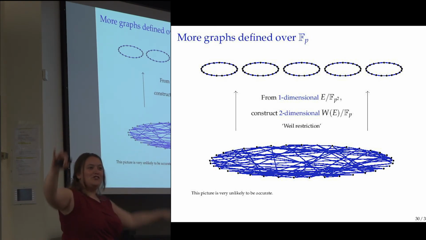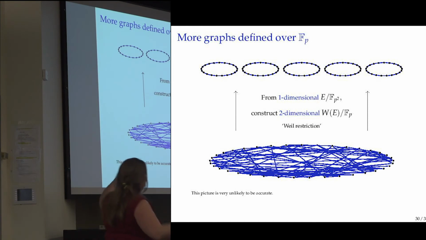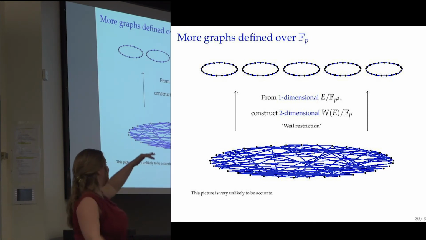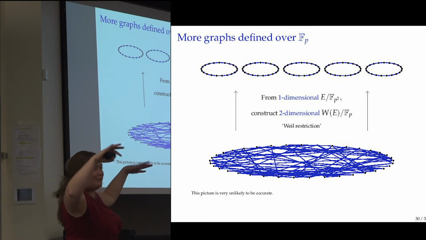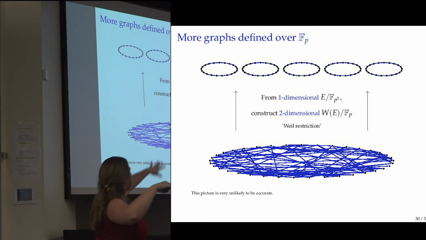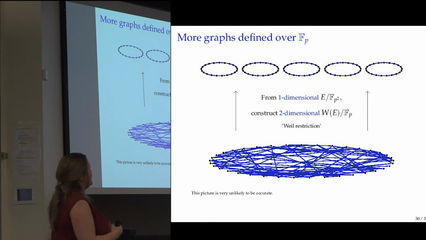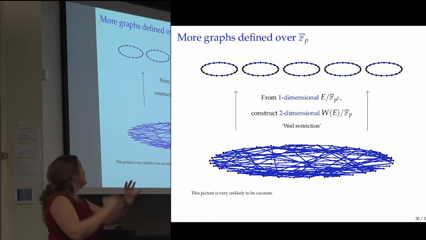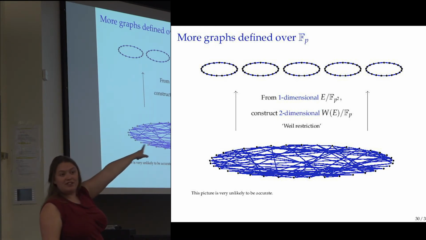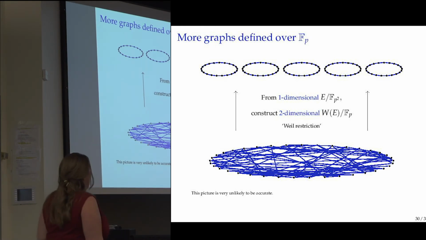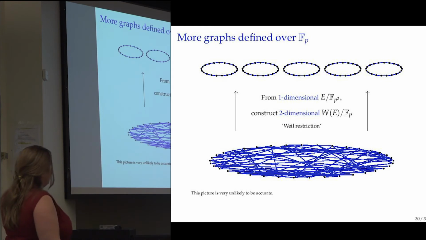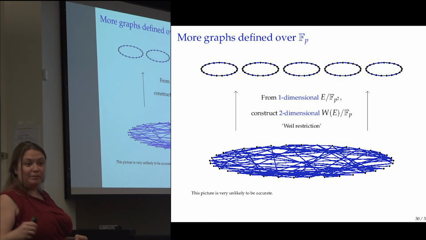So you can sort of choose what you want to do in some way. You take your one-dimensional curves over FP squared, and you get 2-dimensional surfaces, varieties, whatever, don't worry about them, over FP. And because they're over FP, if you take this FP subgraph like we did before, then you get exactly the same picture we had for elliptic curves. And then you think, woohoo, we can do Kuperberg's algorithm.